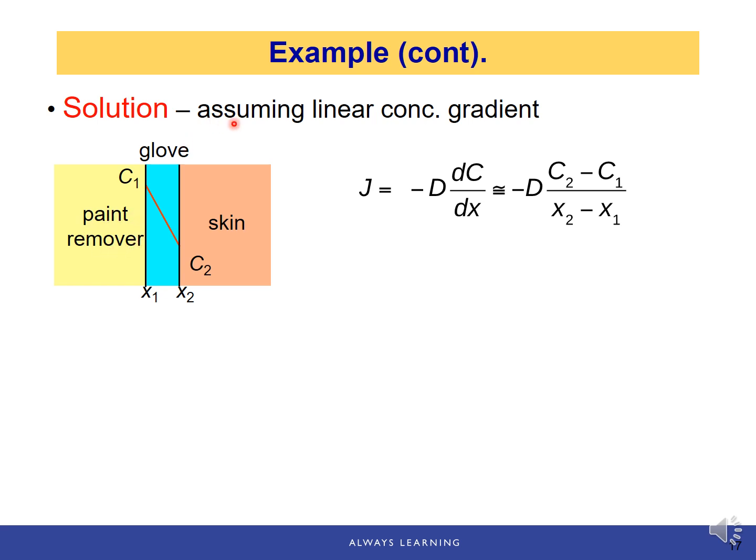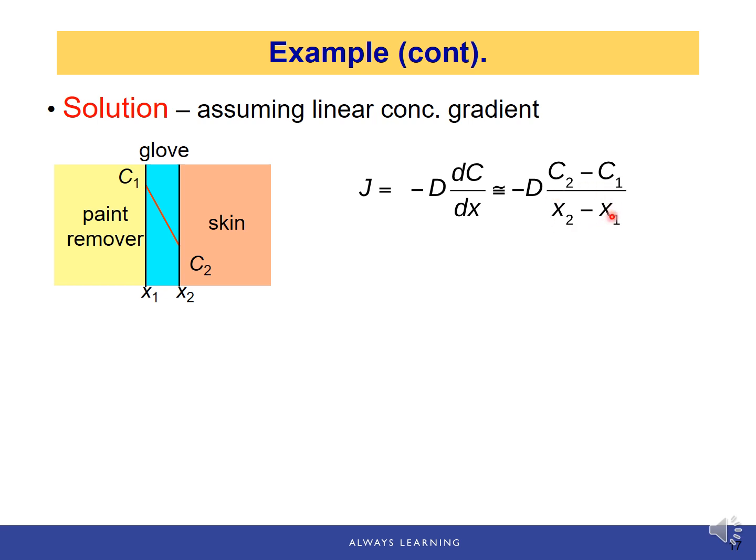So if we assume this is a linear concentration gradient, or a steady-state diffusion, then we can use Fick's first law, where J, the diffusion flux, equals negative D, the diffusion coefficient, times the concentration gradient. And since it's a linear concentration gradient, we can use C2 minus C1 over X2 minus X1.